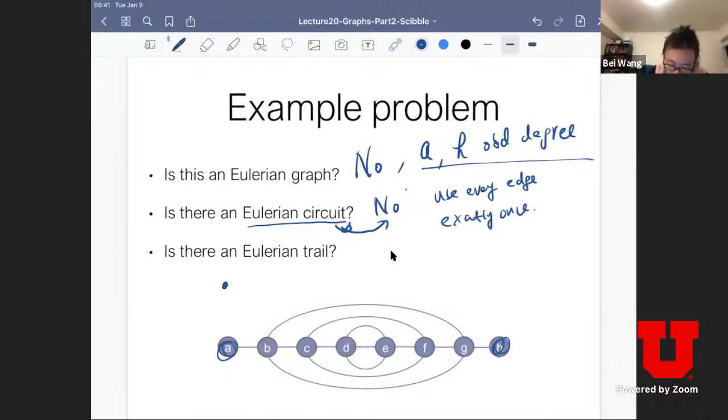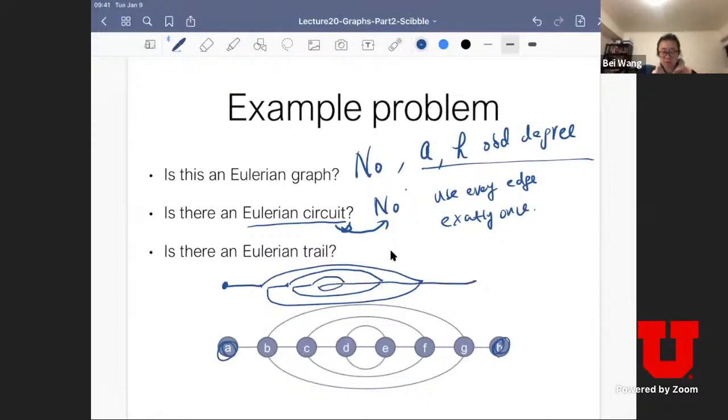I go from A to B, and then B to G, G back to B, B to C, C to F, F back to C, C to D, D to E, back to D, and go through F, G, and H. Okay.